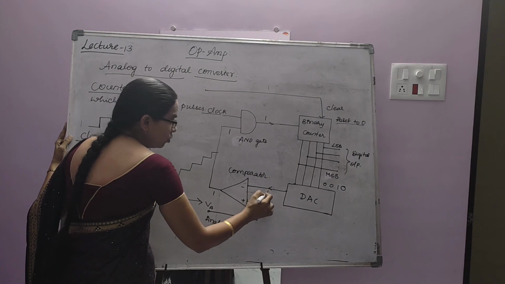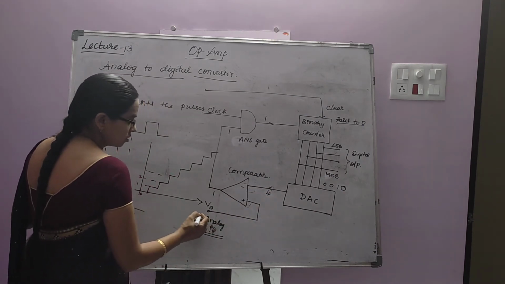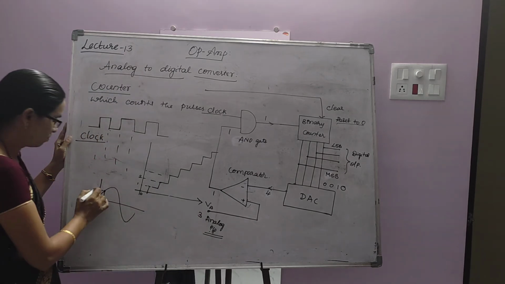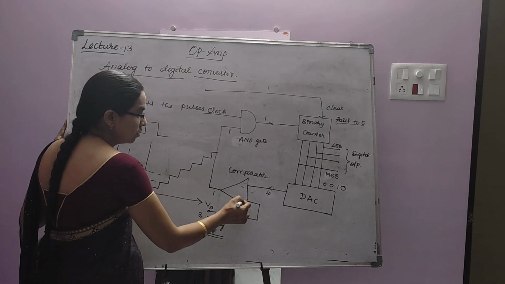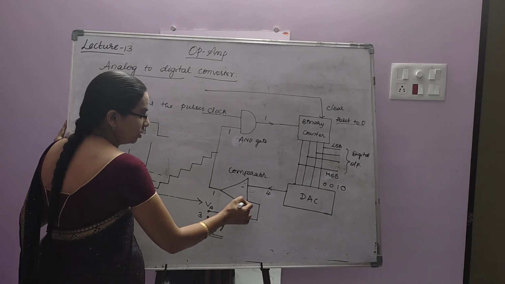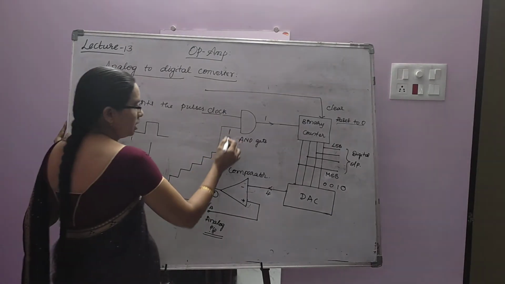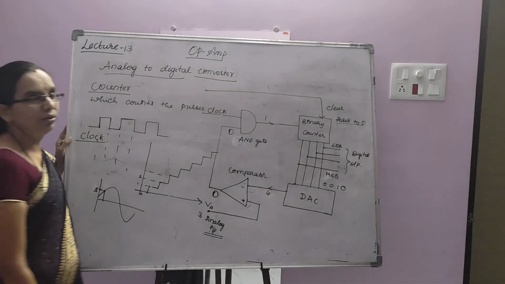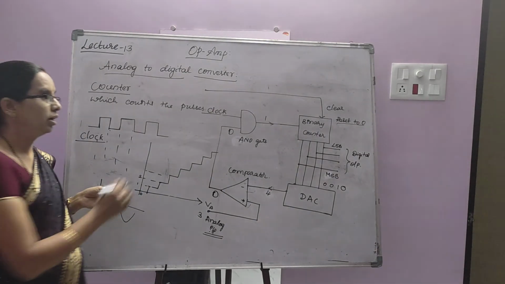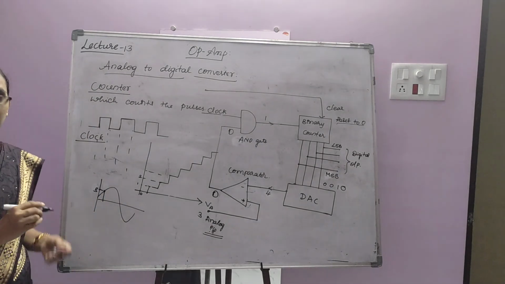If the DAC output is 4 and the analog input voltage is 3 volt, then the input at the non-inverting terminal is lesser, so the output will be 0, which disables the AND gate. The clock pulse will not enter the binary counter, and the counter stops counting.